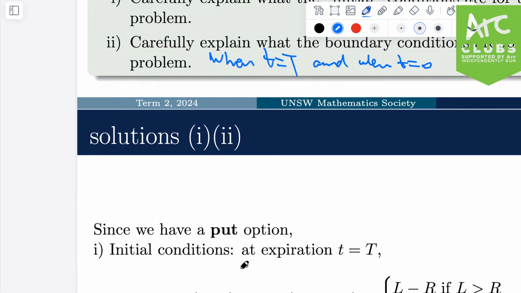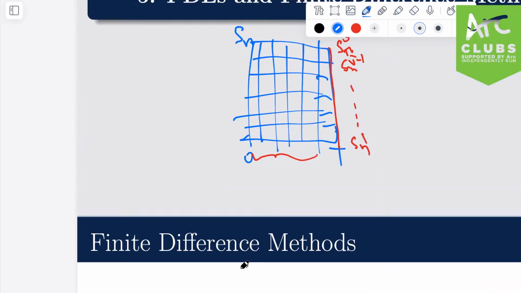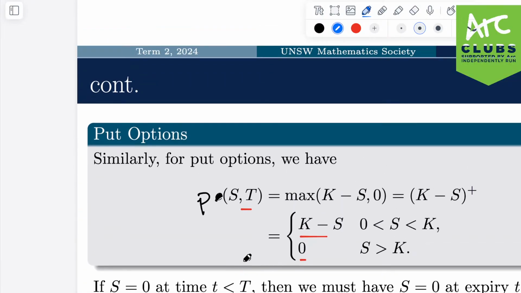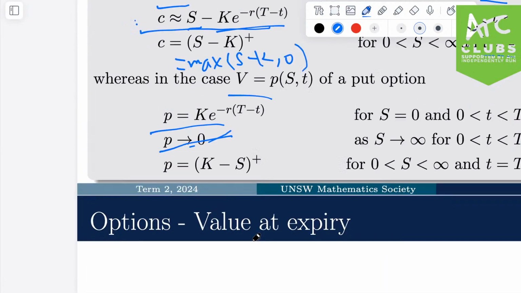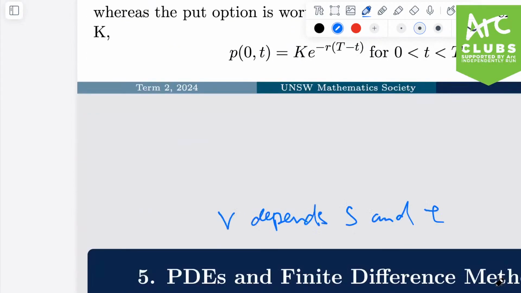This comes back to what I have on this slide: we look at the cases and the corresponding put option price.